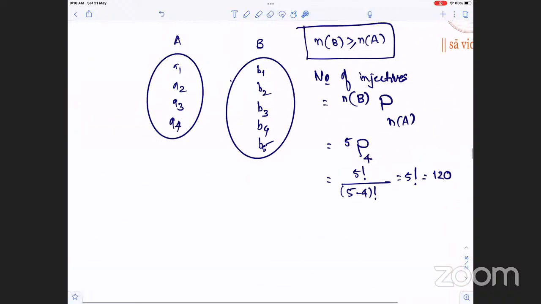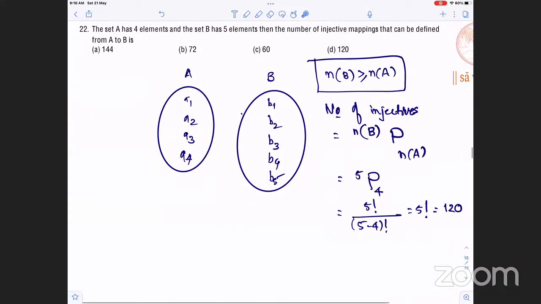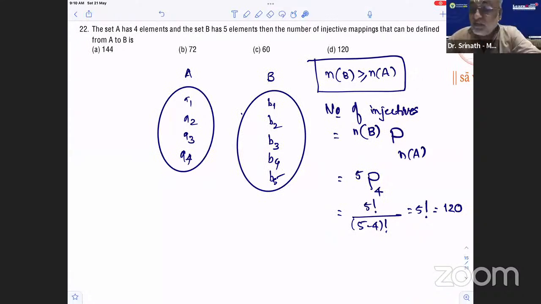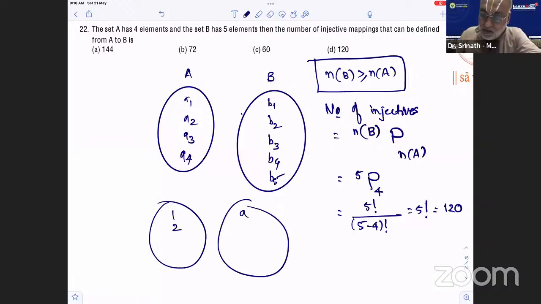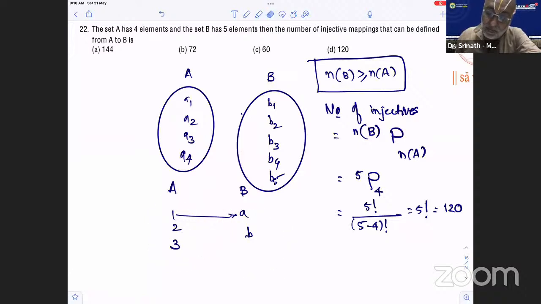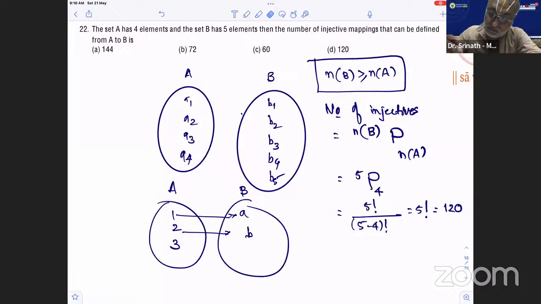Sir, there are 2 questions for this question. Yes, please. If n of A is larger than n of B, suppose you are having something like this, let us say you are having 1, 2, and you are having A, B, C. Then there can't be a 1-1 function at all, because no element in A must be left out.